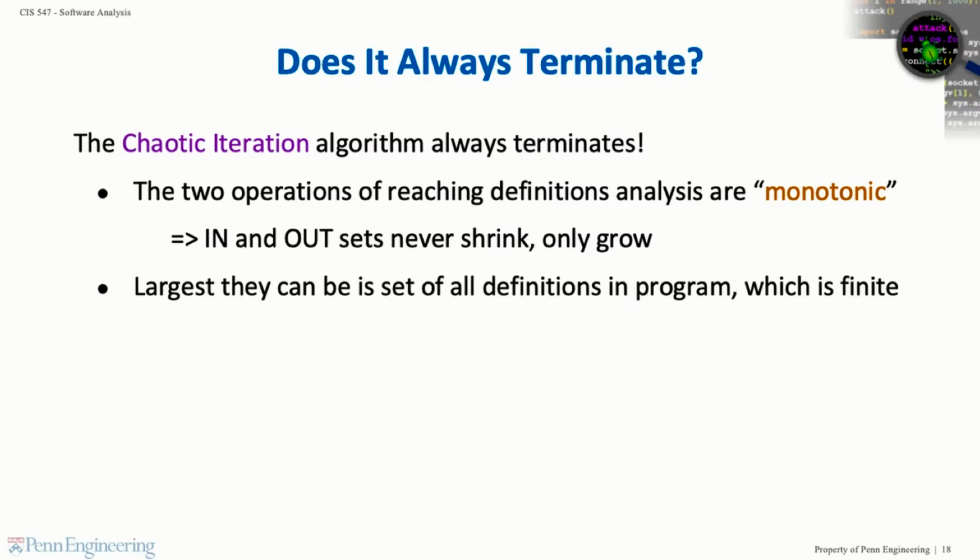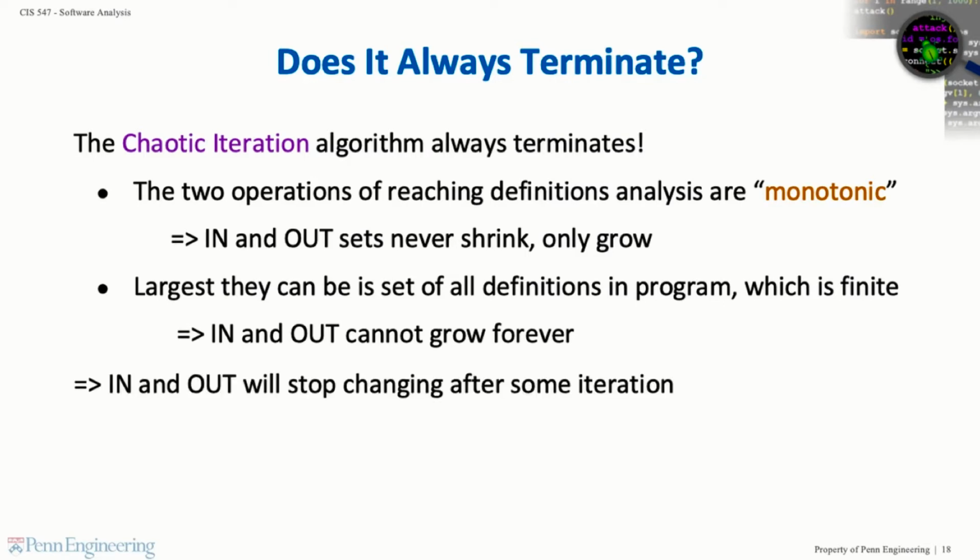Secondly, the largest that any such set can get is the set of all definitions in the program, which is finite. This implies that the in and out sets cannot grow forever. Together, these two reasons ensure that all in and out sets will stop changing in some iteration of the chaotic iteration algorithm, which is the condition under which the algorithm terminates.